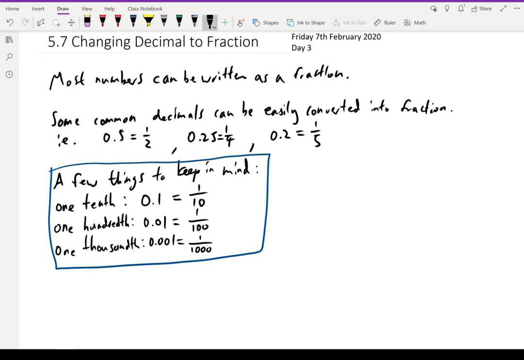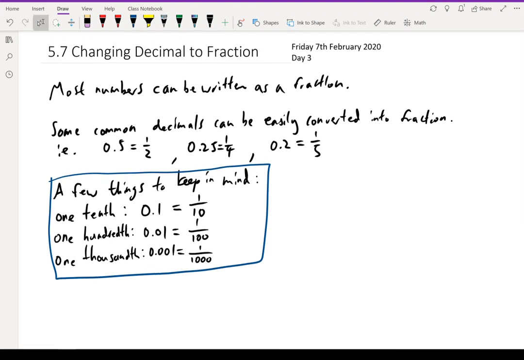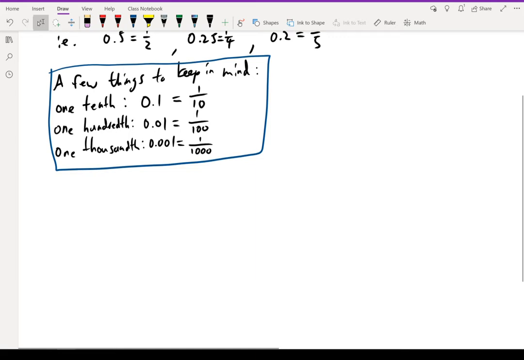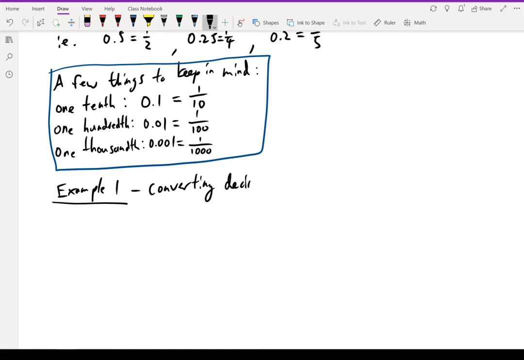Okay, now I have 4 examples in example 1, A, B, C, and D, to convert these decimals into fractions. So let's go straight into example 1, converting decimal to fraction.